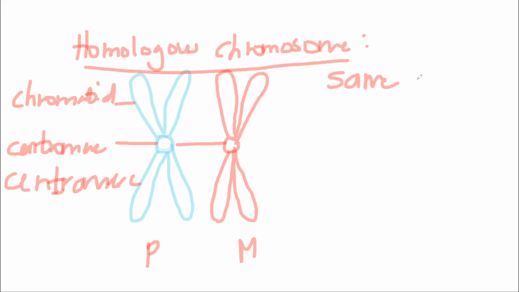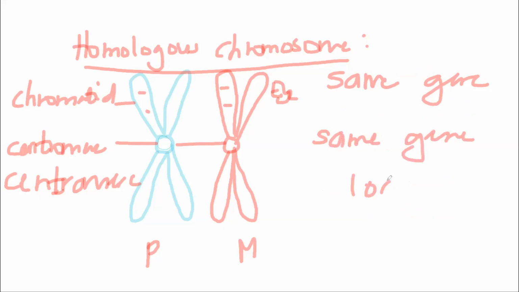and then same gene. Meaning, on both these chromosomes, we'll have maybe eye color, and then the same gene locus. Locus means the positions are also the same. And can you see one chromosome is paternal, means it comes from the father, and one is maternal. So that is what homologous chromosomes are.